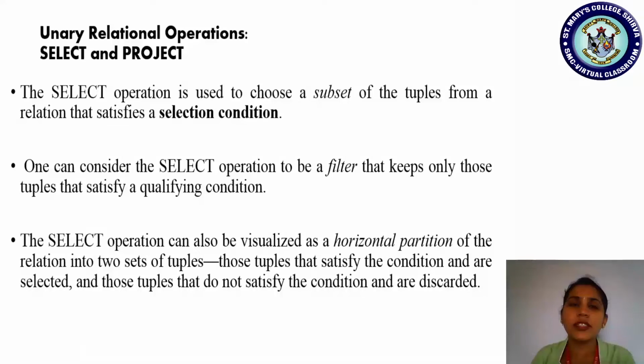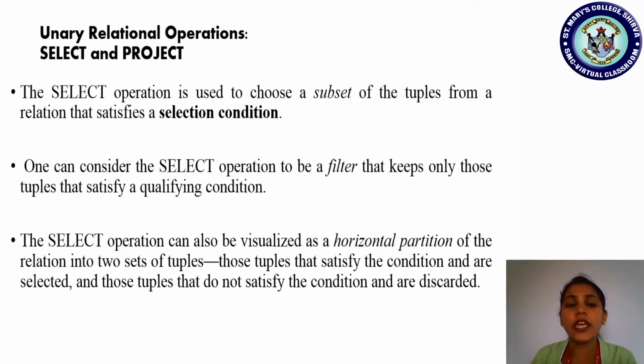If my condition is first language equal to Kannada, and the first language satisfies the Kannada value, then those student records will be displayed. Other records will not be displayed. That is why it filters and keeps only those tuples which satisfy the qualifying condition.